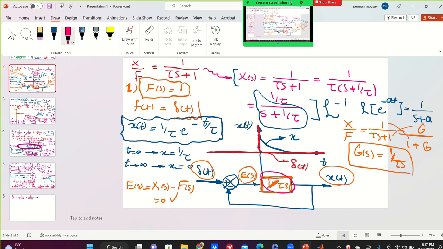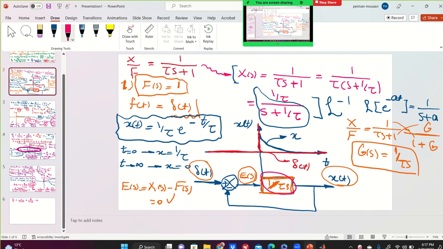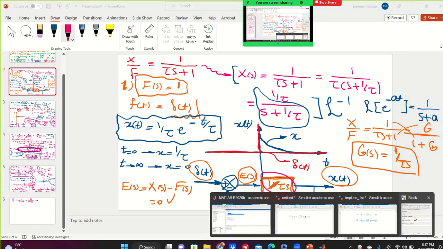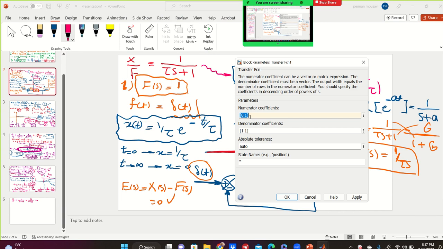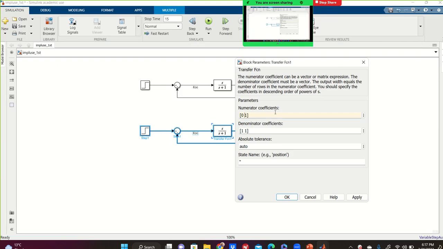Say tau is 2. So it's going to be 0 and 1, because it's 1 over tau s, and 2 and 0, because tau is 2.